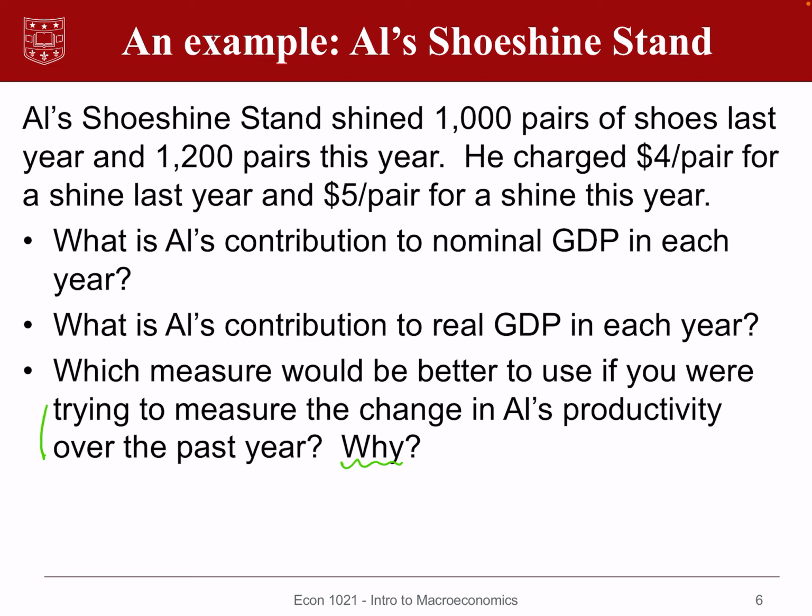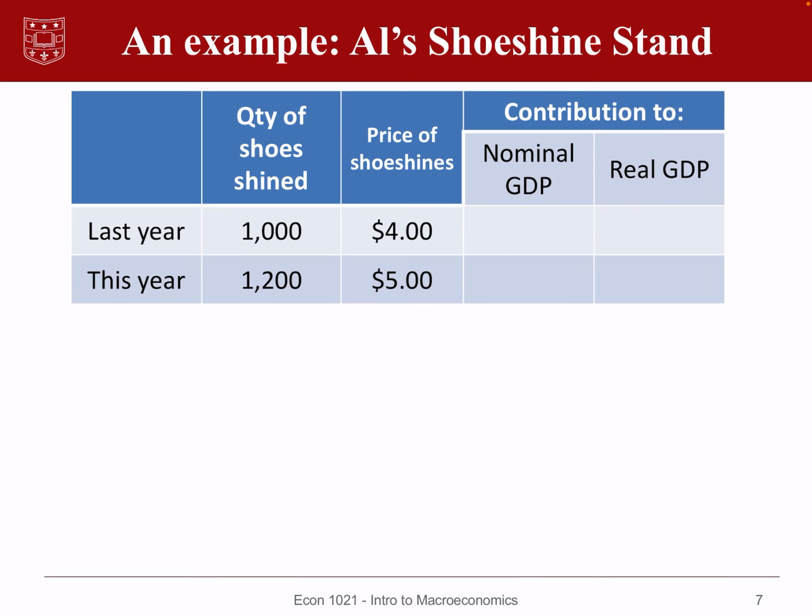So what is Al's contribution to nominal GDP each year? What is Al's contribution to real GDP in each year? And then what I want to do is try and convince you that looking at real GDP is in fact the appropriate choice. So the words that were on the previous slide have been summarized in this table.